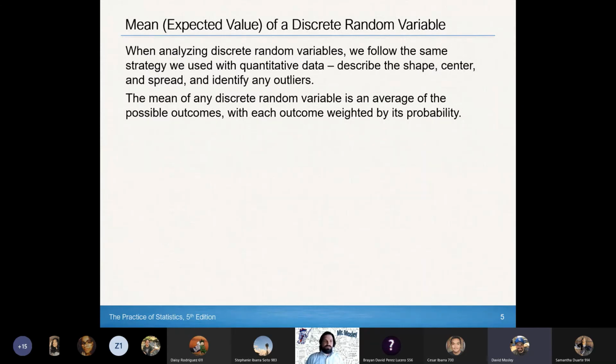Previously, when calculating a mean, we just added up all the possible outcomes and divided by the number of outcomes, or the number of things. But that was based on each outcome being equally likely. Now the outcomes are not equally likely, so we have to take that into consideration.